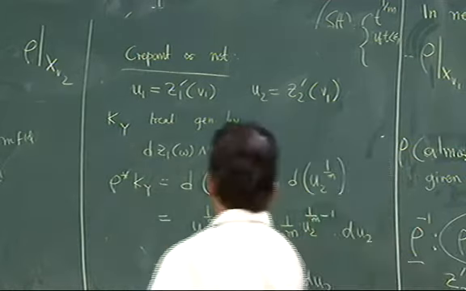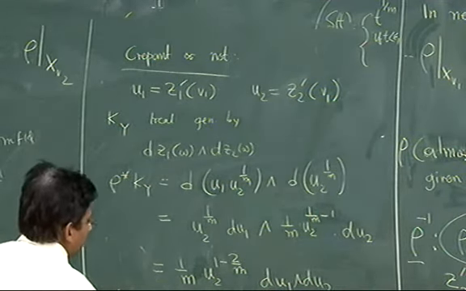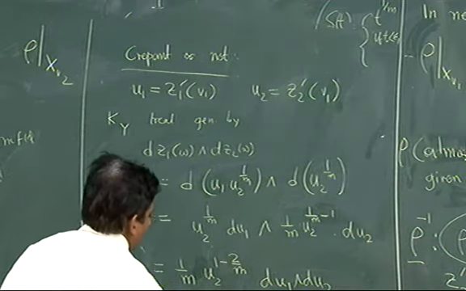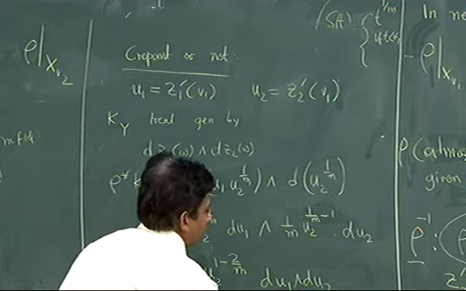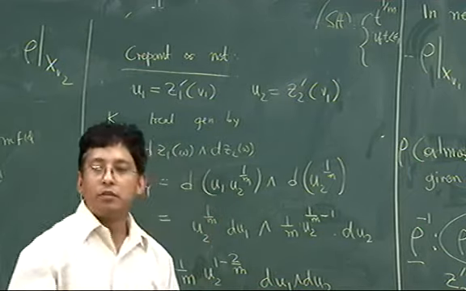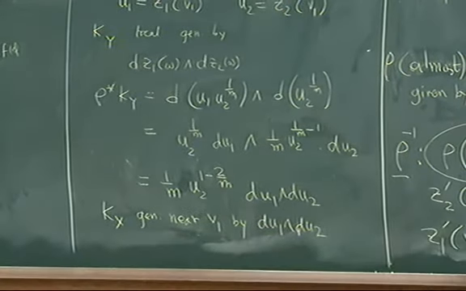So K_X is generated near v1 by du1 wedge du2. So they're equal, the pullback equals this.